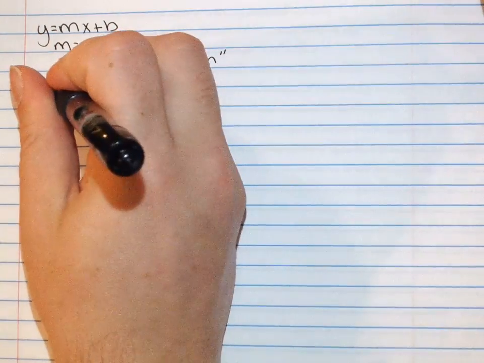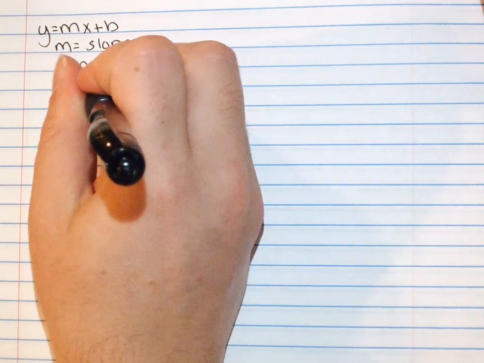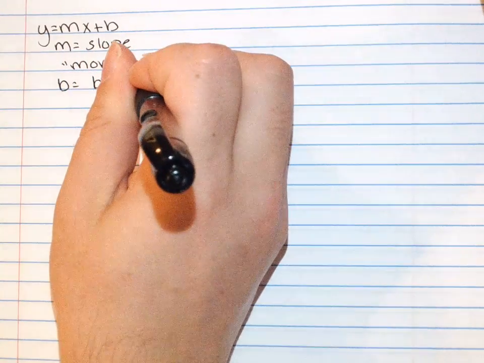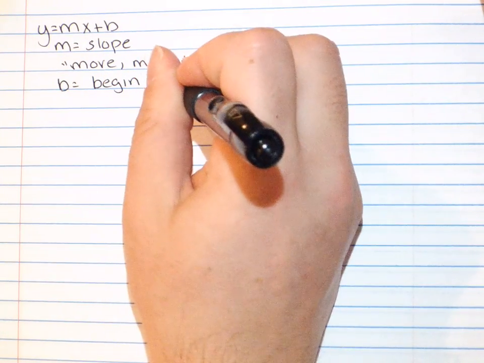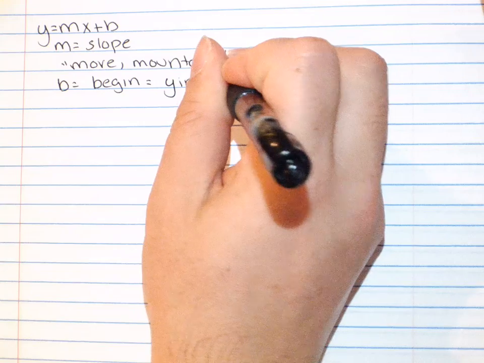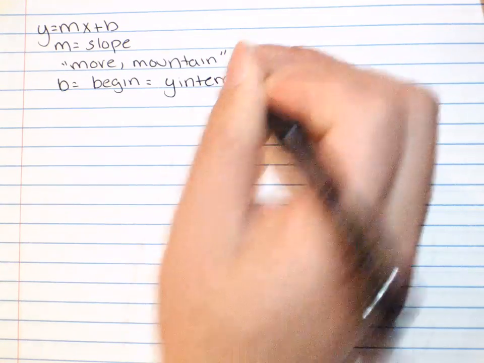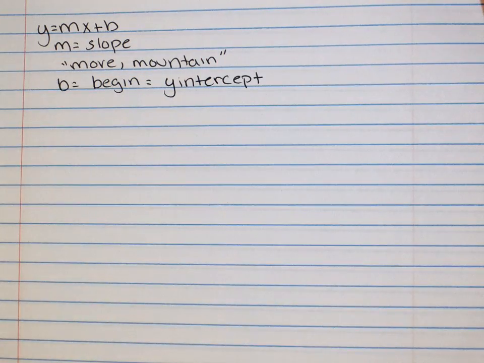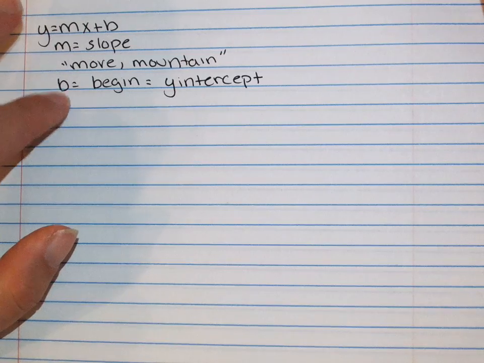And we have b for beginning, and that is our y-intercept. And we need these two things in order to write an equation. We need a slope and we need a y-intercept.